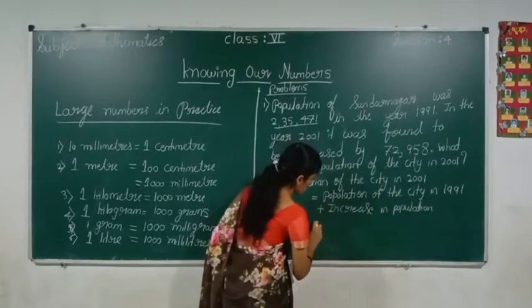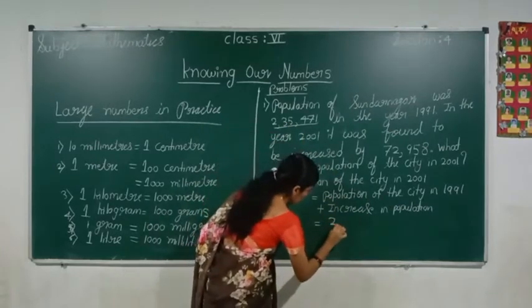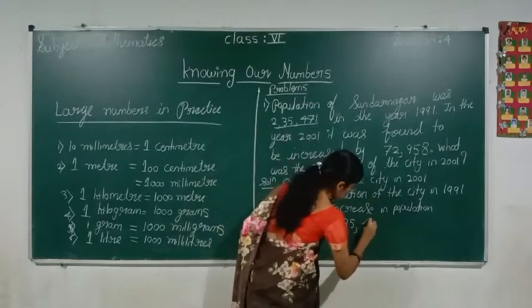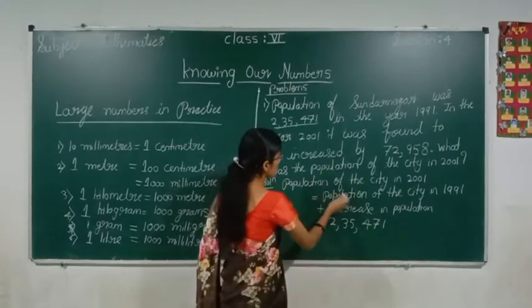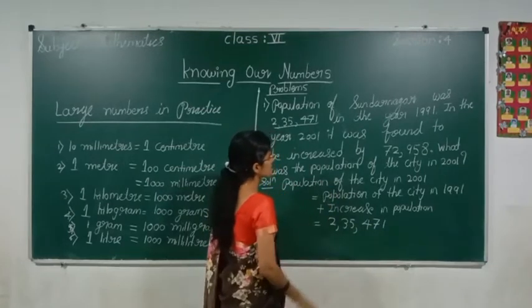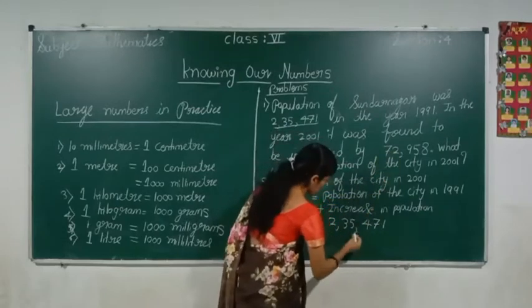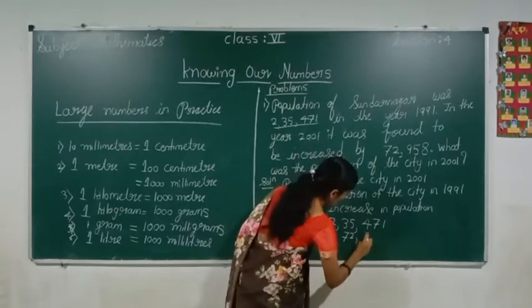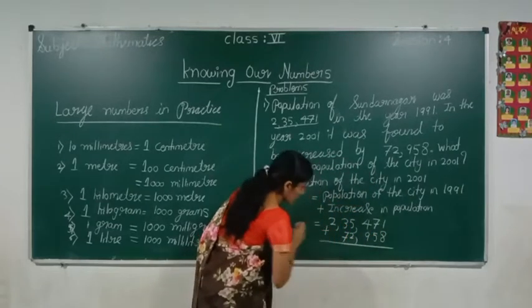What was the population of the city in 1991? It was 2,35,471. Again, how much increase in population? It was 72,958. Now we will do the addition.